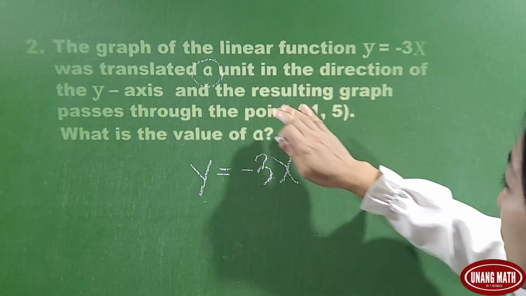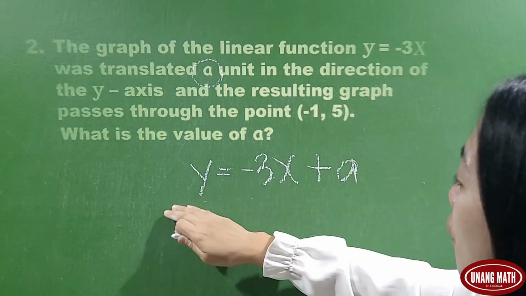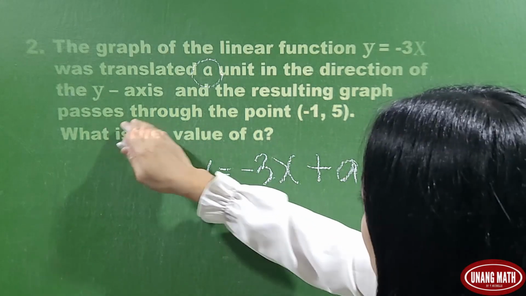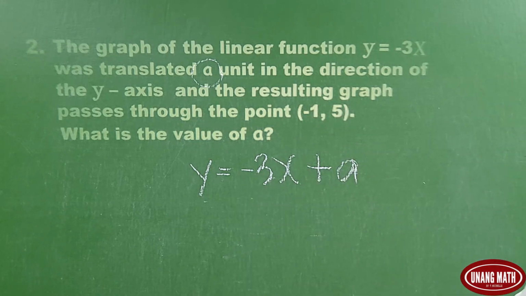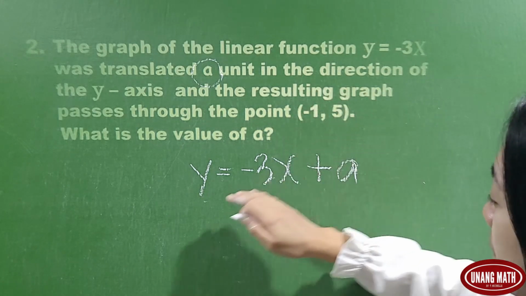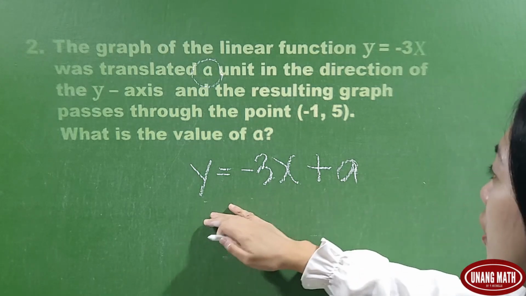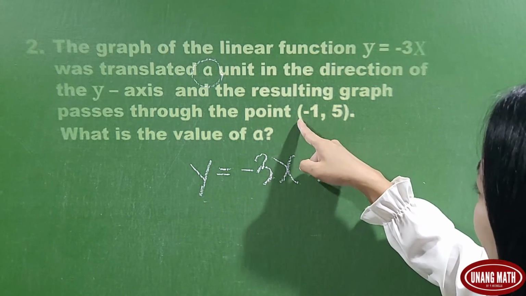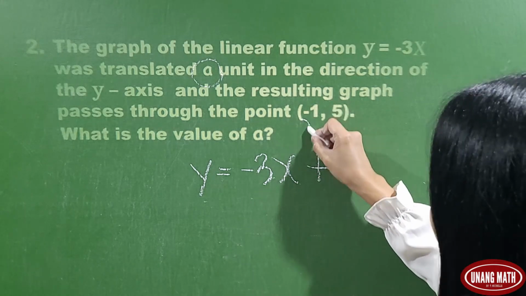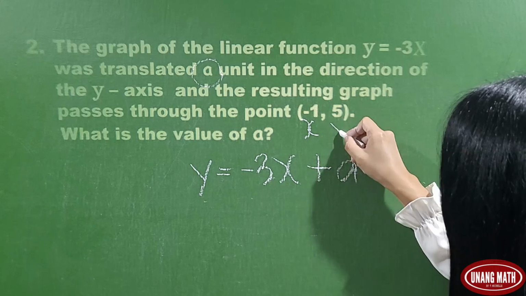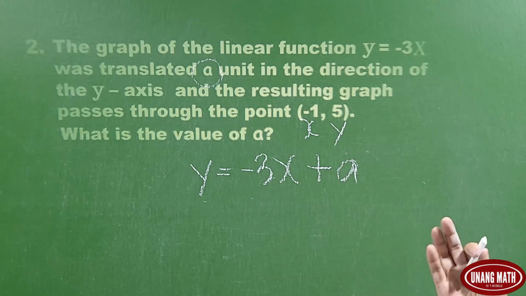The resulting graph passes through the point (-1, 5). So this is one ordered pair: -1 is our x coordinate, 5 is our y coordinate.